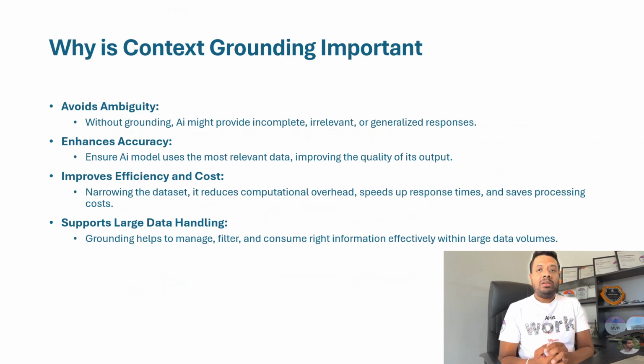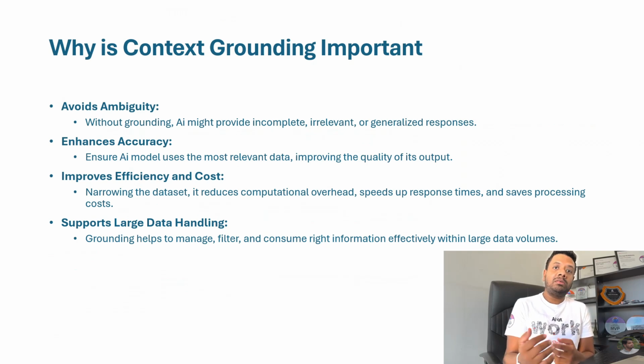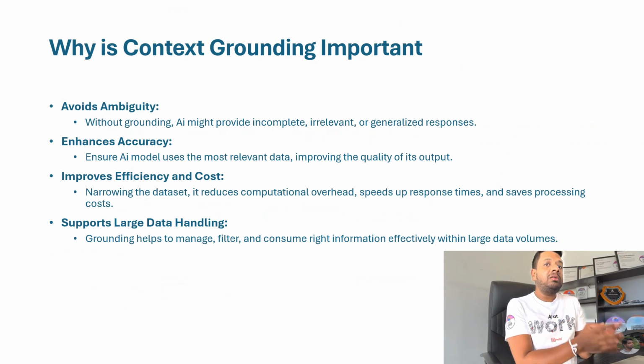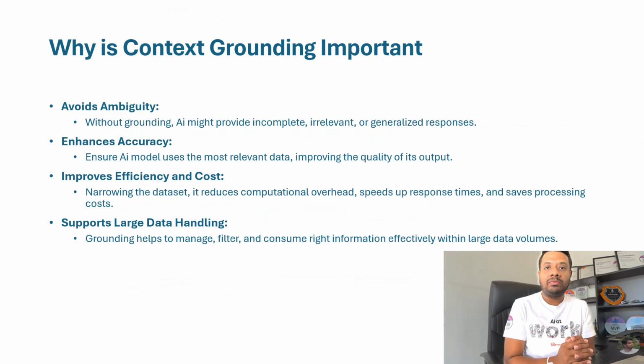And once you provide more related data through context, it also helps to reduce the number of tokens that you use. For example, let's say you have a big data set and you don't really know what is related to the query that you're getting, and you're feeding all this information into your model. That means you're giving a lot of unnecessary data along with the little relevant information.